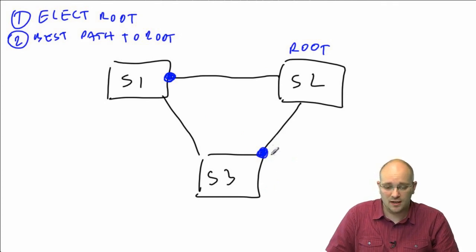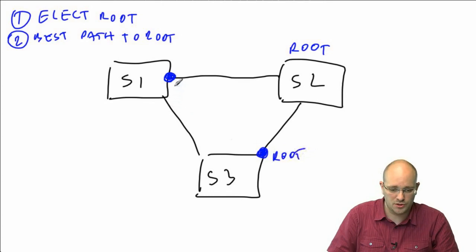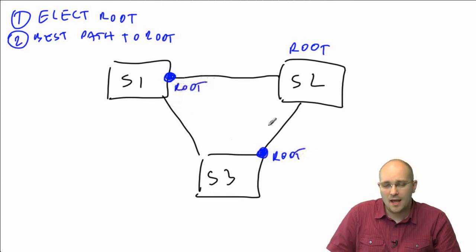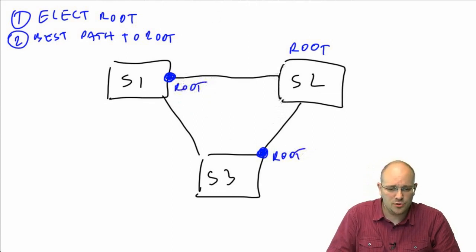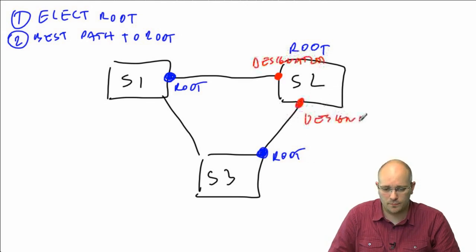These ports that are closest to the root are called root ports. On the root switch, these downstream ports facing the root ports are what we call designated ports. And I will again talk about these terms in a little while.